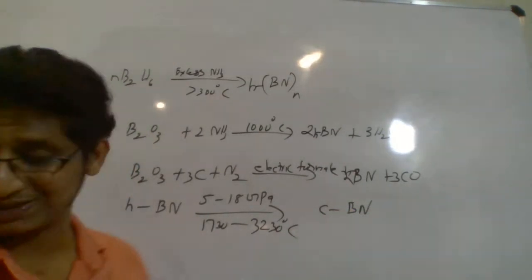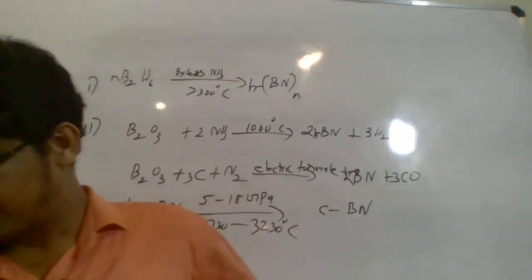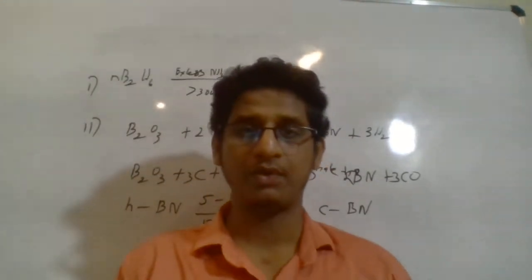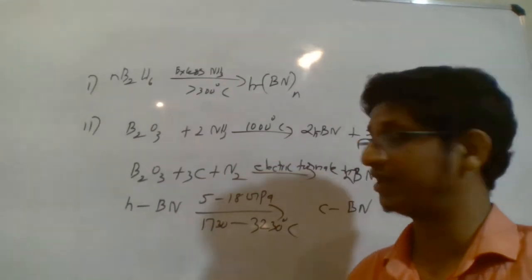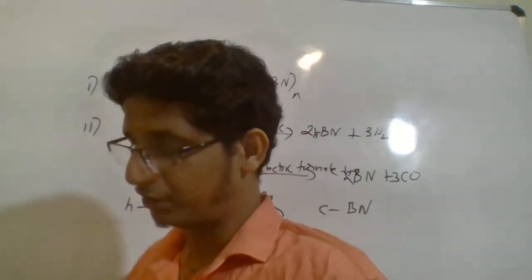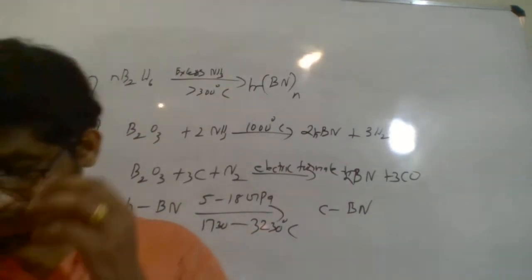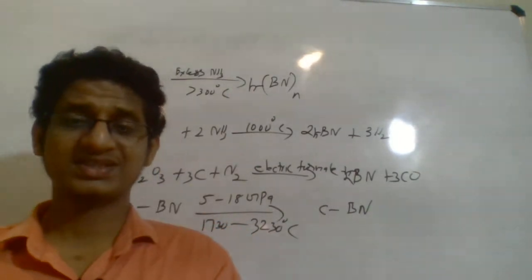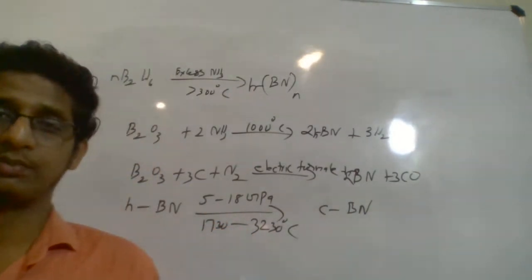So we first synthesize hexagonal boron nitride, which you can convert into cubic boron nitride by providing very high temperature and very high pressure. So that is a method of preparation of the hexagonal boron nitride and cubic boron nitride.